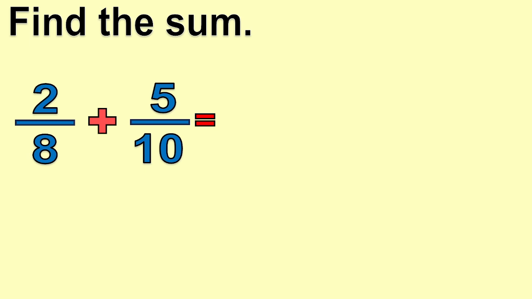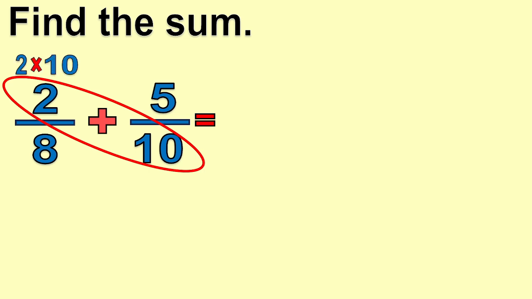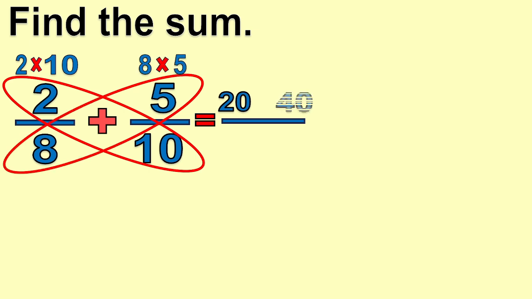Another problem. 2/8 plus 5/10. First, multiply the numerators and denominators diagonally. We have 2 times 10 equals 20. 8 times 5 equals 40. Multiply the two denominators.